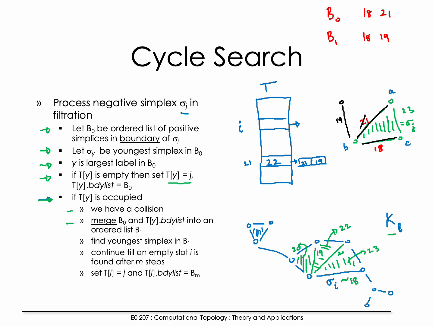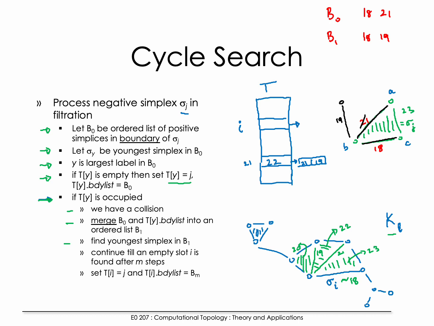And we again, so now going back to the algorithm, we again find the youngest simplex in B sub 1. Now the youngest in B sub 1 is the one with the largest label, which is 19. Now you go back and look at 19 and see if it is occupied.